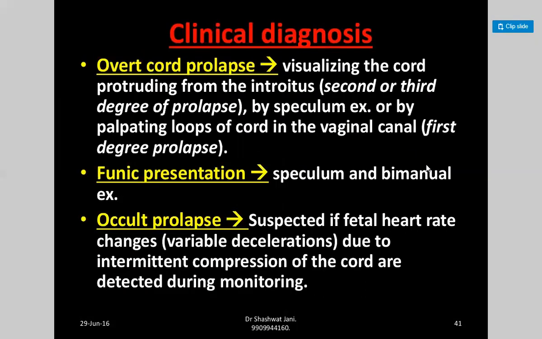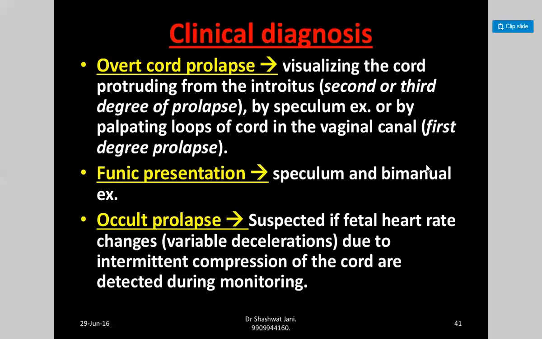Then occult prolapse. It is suspected if the fetal heart rate changes, that is variable deceleration, slowly going downward. Then we can think about it, that is how we can judge it clinically. Due to intermittent compression of the cord, this is detected during monitoring. Sometimes the FHR is normal, then in between it decelerates, again becomes normal, again decelerates.